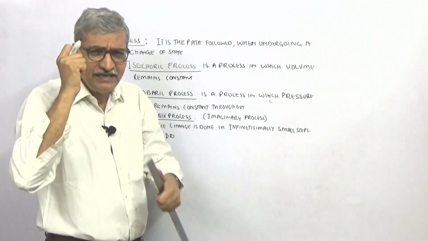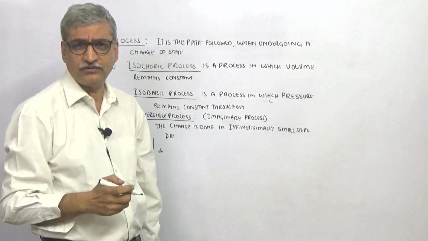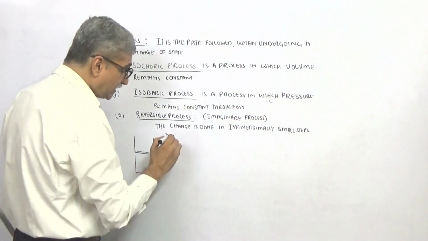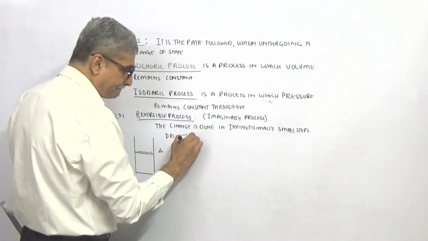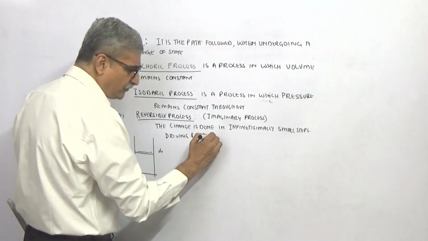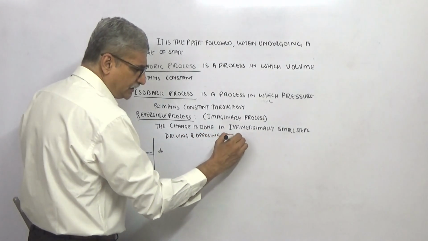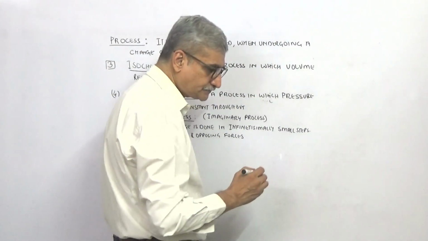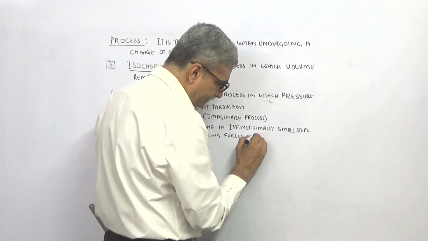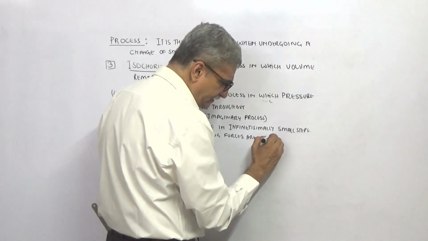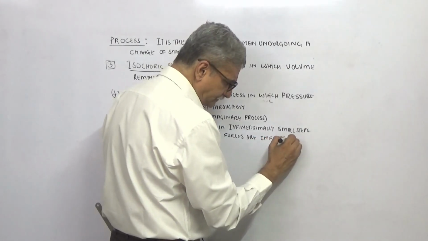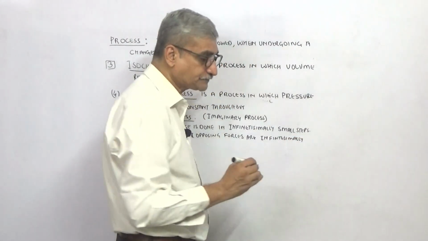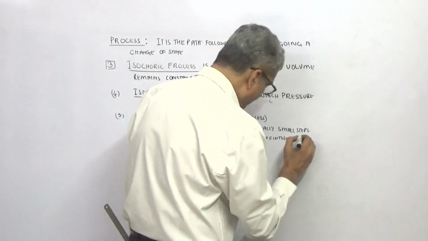If the piston is moving an infinitesimally small value of dV, then that is called a reversible process. So in this case, the driving and opposing forces are infinitesimally different from each other.